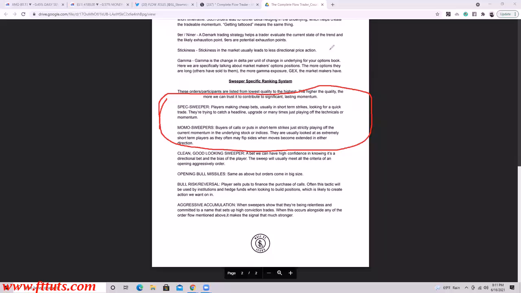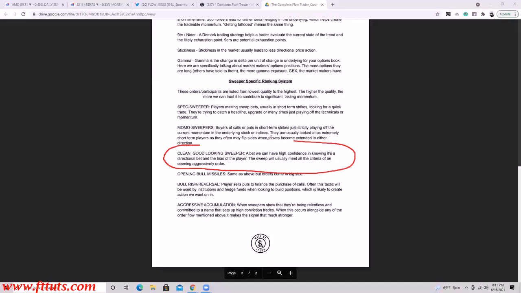Then we get into some of the other stuff, right? An opening order, all an opening order means is that you don't have to check open interest the following day to see if that order was legit. It's the volume greater than open interest. That's all it is.